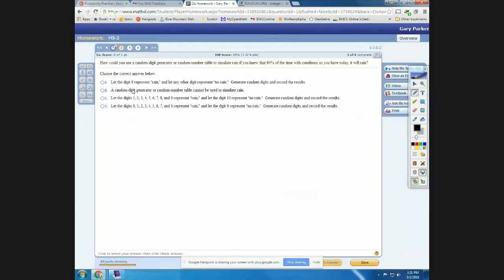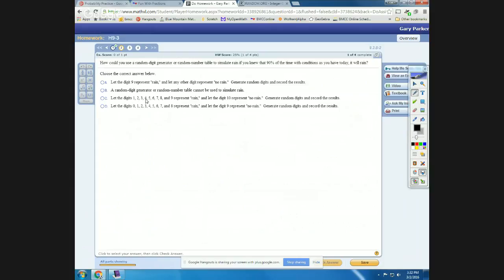Okay. So here they say, let the 9 digit represent rain and all the other digits represent no rain. Well, that's backwards, isn't it? That first option? That's more likely because there's more digits that aren't 9 that it won't rain. A random digit generator or random number table cannot be used to simulate rain. Well, anything can be used to simulate rain, or I can throw chocolate eggs around the room and simulate rain.